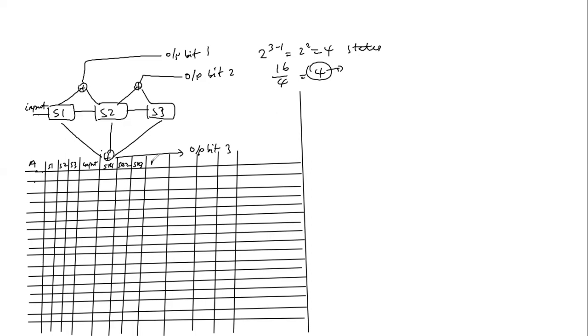Then we have state B. Then we have output bit 1, output bit 2, output bit 3. And now from this, output bit 1 is the same as S1 plus S2. Output bit 2 is the same as S2 plus S3. Then output bit 3 is the same as S1 plus S2 plus S3.